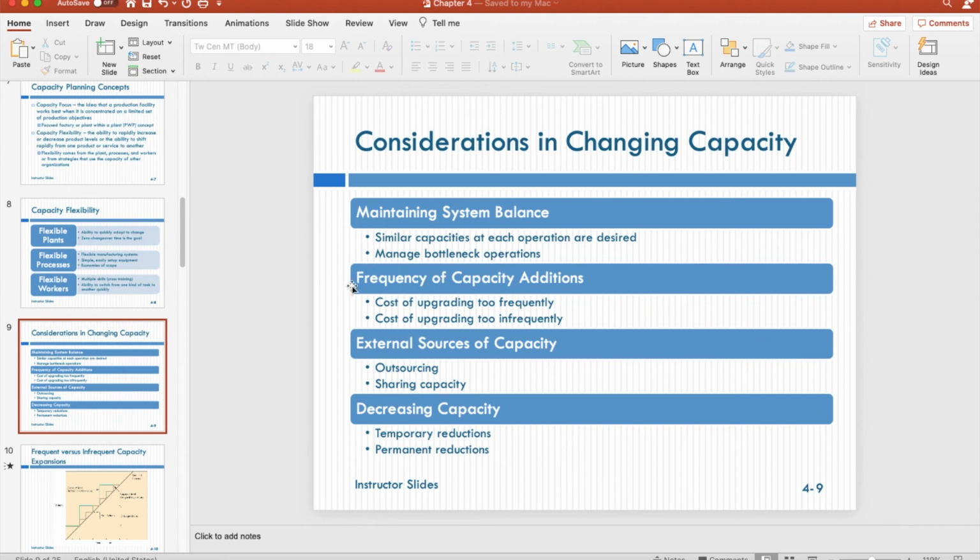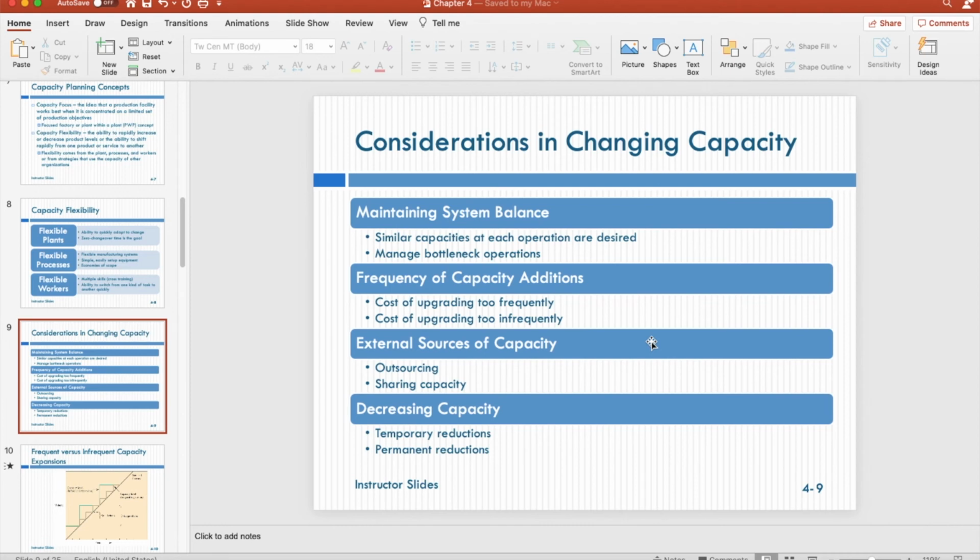Now, the next one is called frequency of capacity additions. Let's say in a few months or even in a few years, this firm will tend to upgrade the overall level of the capacity management system. But each time you upgrade, the cost will be very different depending on the frequency.